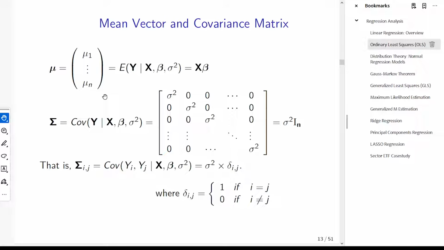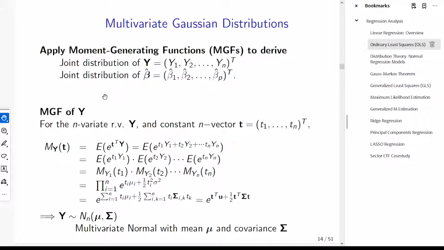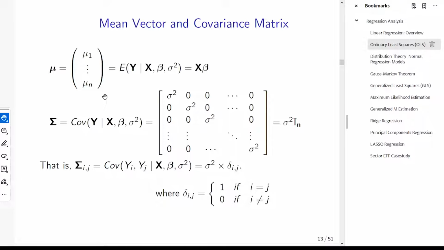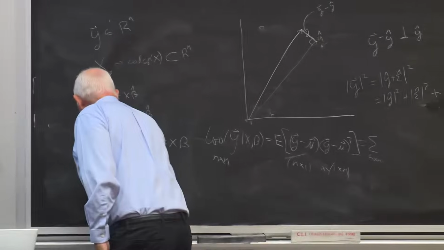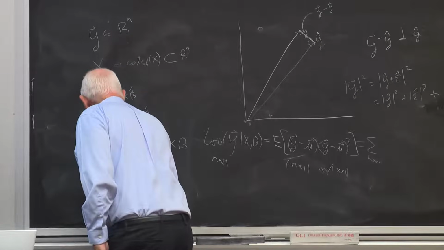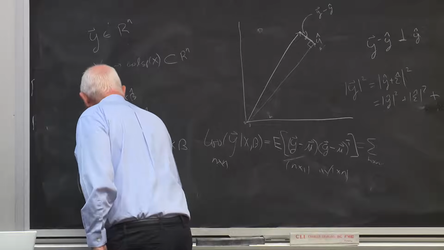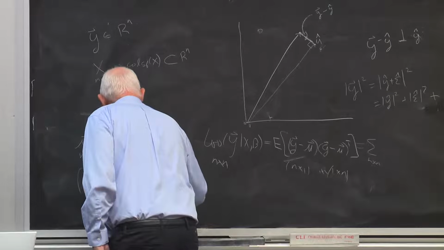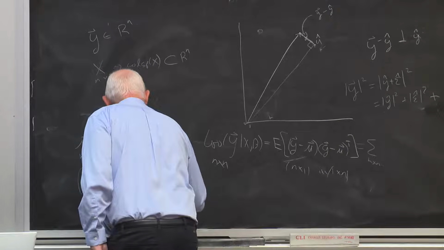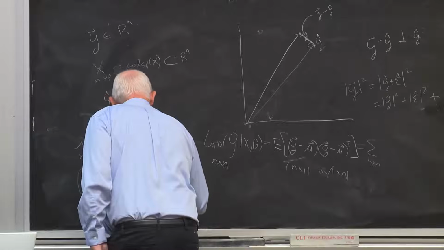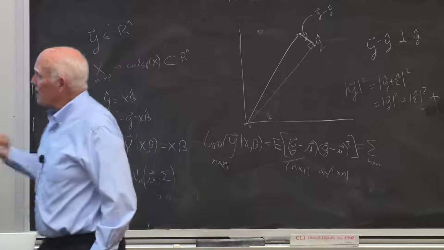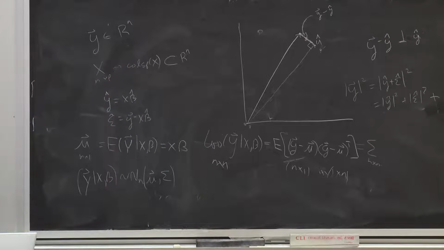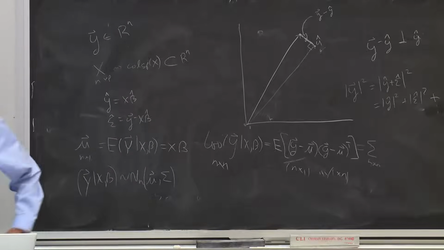Now, for the special case of IID errors, this covariance matrix will be diagonal with constant sigma squared. And it will turn out that this conditional distribution of y given x and beta will have a multinormal distribution with a mean vector mu and a covariance matrix sigma, so an n-dimensional multivariate normal distribution.